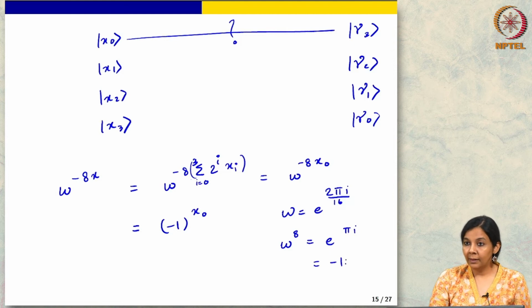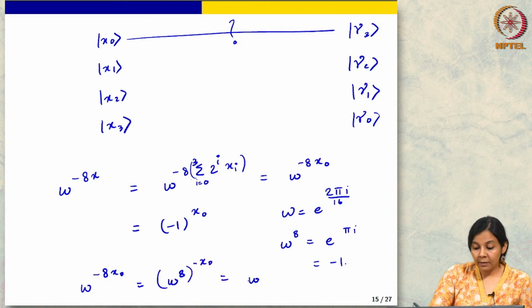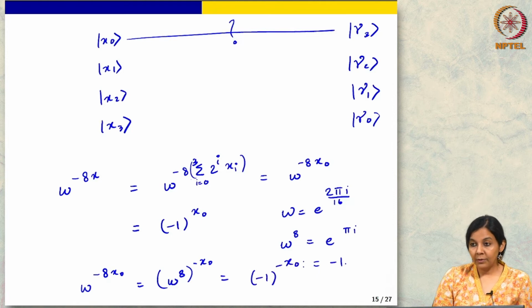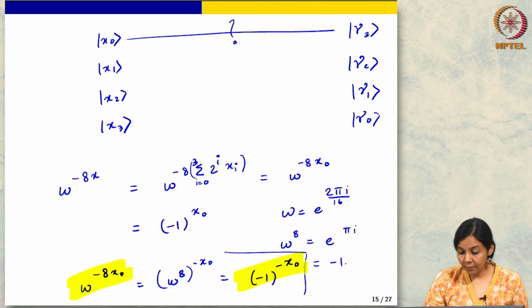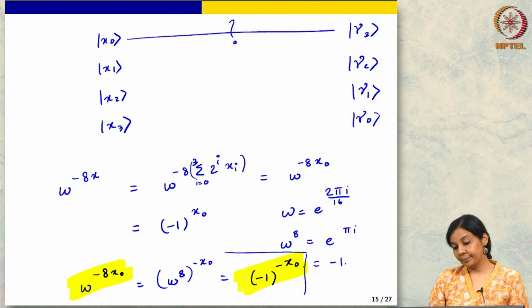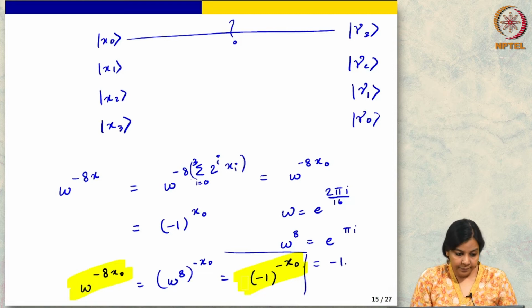So, omega to the minus 8 x0 is omega to the 8 to the minus x0, which is minus 1 to the minus x0. Does everyone agree?